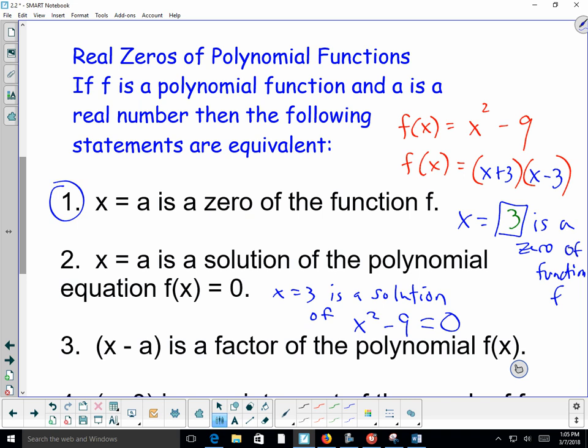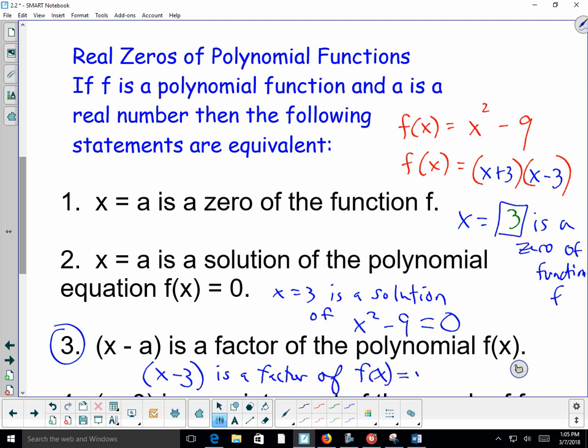And that's number 2. What about number 3? x minus a is a factor of the polynomial f of x. So that means I could write this as x minus 3 is a factor of f of x equaling x squared minus 9.